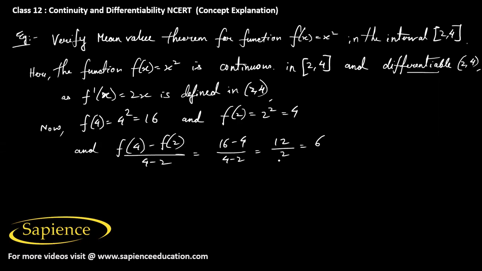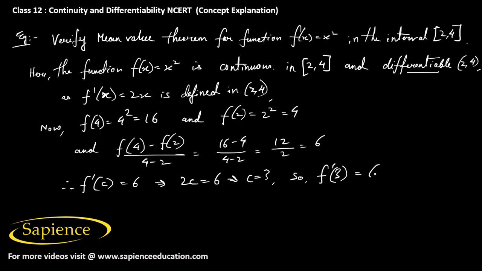It means the slope should be 6. Now therefore f dash c should be 6. It means that 2c should be 6, so c should be equal to 3. So f dash 3 is equal to 6, since it is 2 into 3, that is 6.